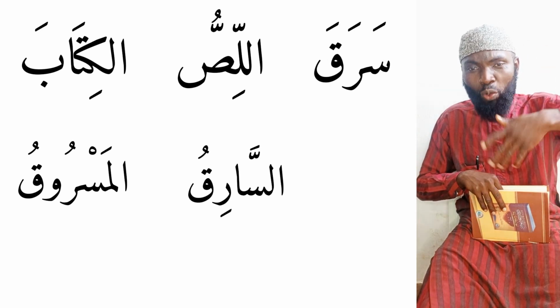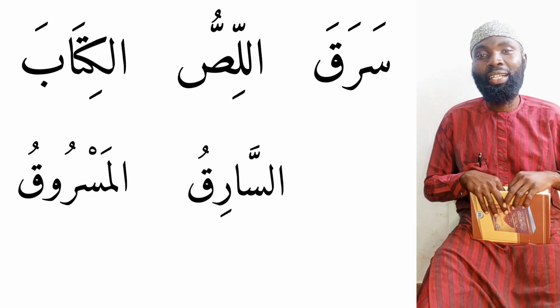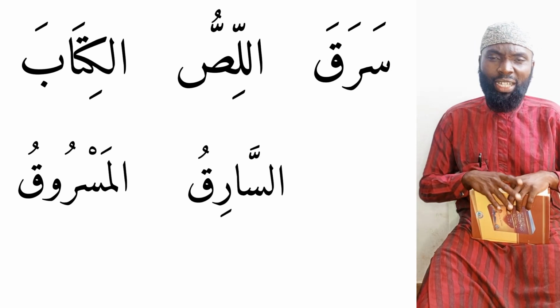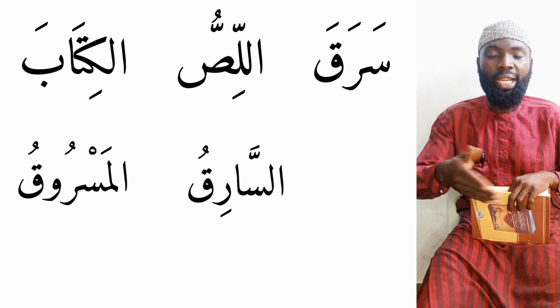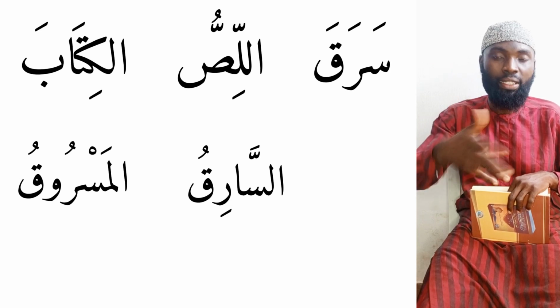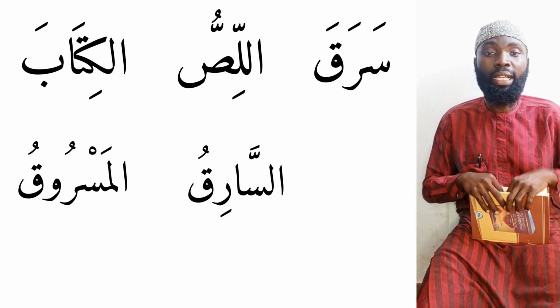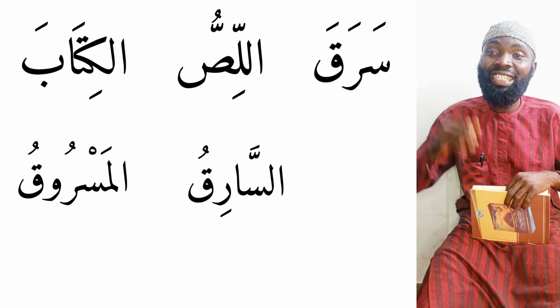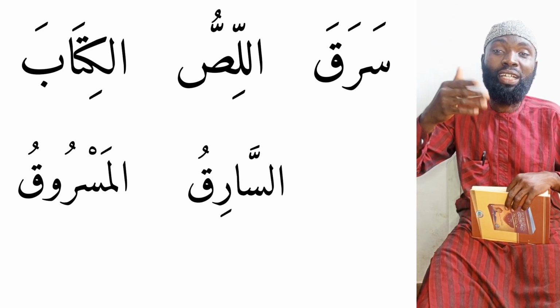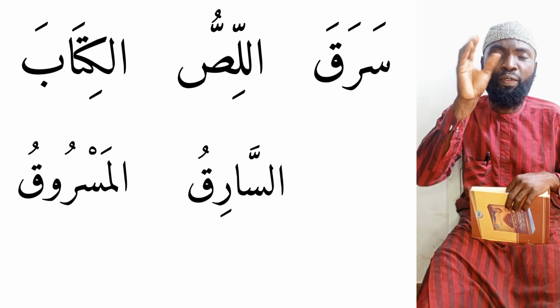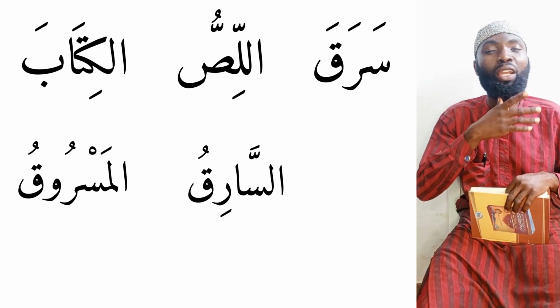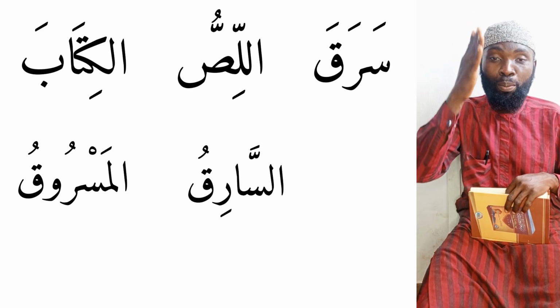Dhahibun, someone who is going, a goer. Let's use the word sara'a. He hastened. Then we can see sari'un, someone who hastens. So this is how to get ismul fa'il, and you can bring a lot of other words to form this.